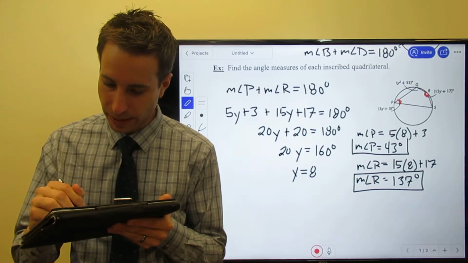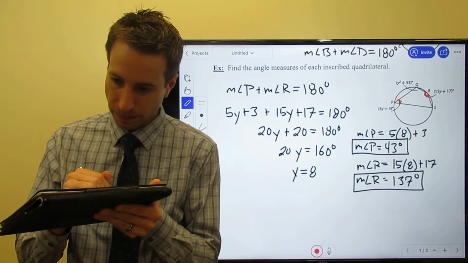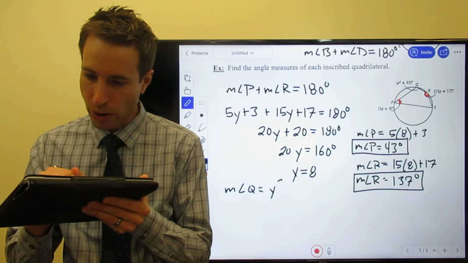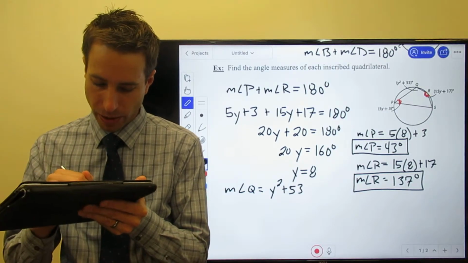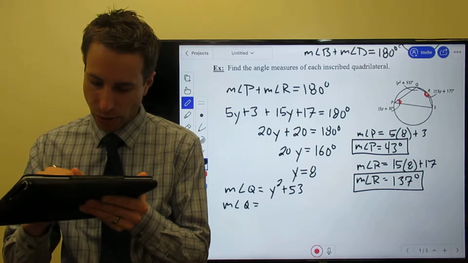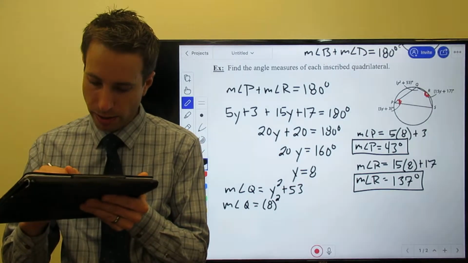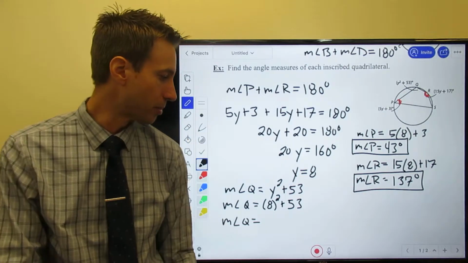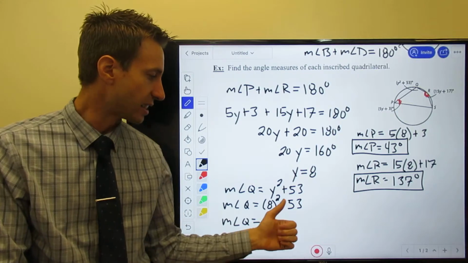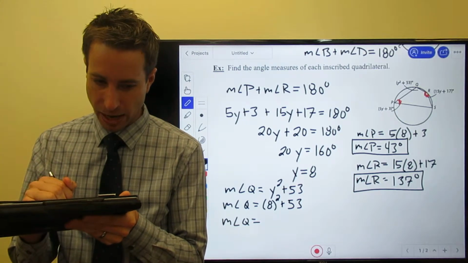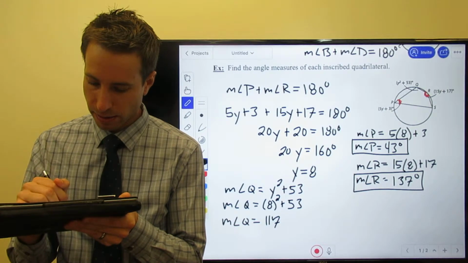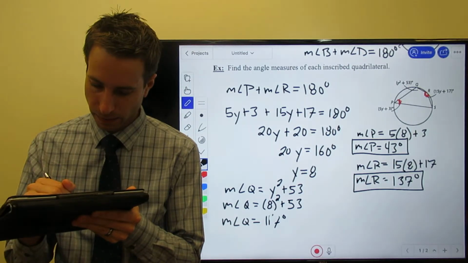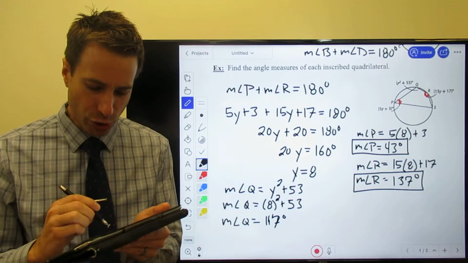We got a couple more to find here. Let's find the measure of angle Q, since I tell you something about that. Q is y squared plus 53, which means the measure of angle Q is going to be 8 squared plus 53. Again, you can use your calculator to do this, but it's not too terribly tricky. 8 squared is 64. 64 plus 53 is going to be 117 degrees. Now we come to the tricky one.